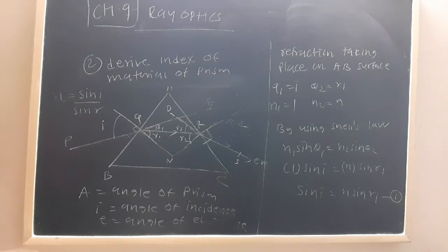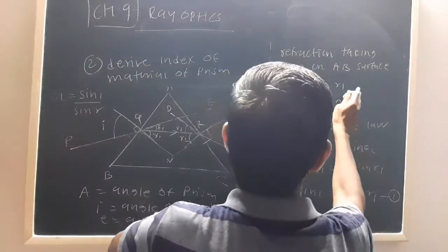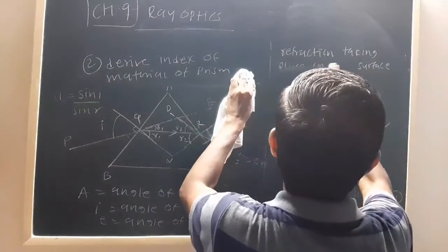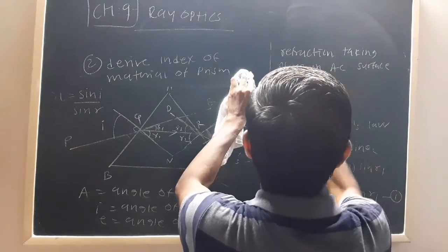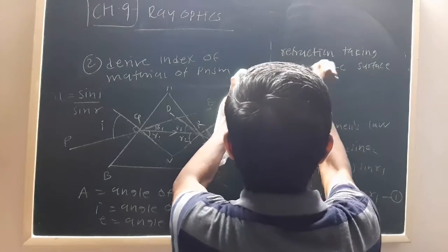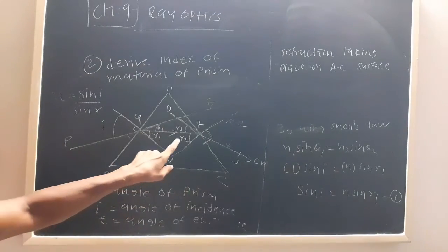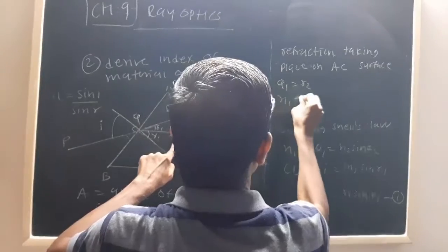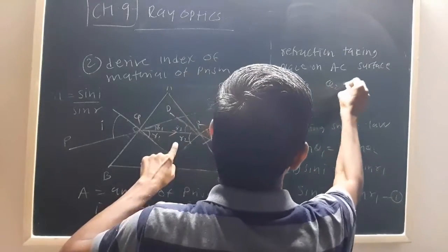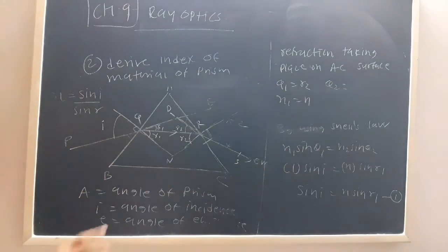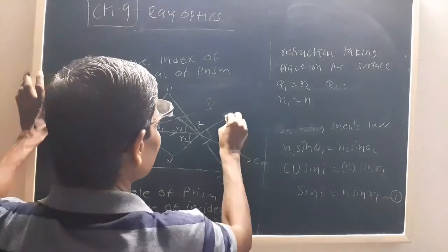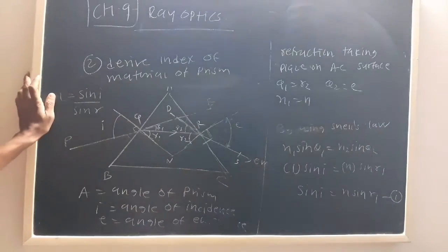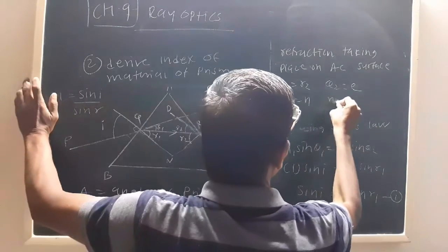Next, we have to consider the refraction taking place on the AC surface. For the AC surface, theta 1 is equal to r2, n1 is equal to n, and theta 2 is e, since the ray travels from a denser to a rarer medium. This is the angle of refraction, e is the angle of emergence, and n2 is equal to 1.